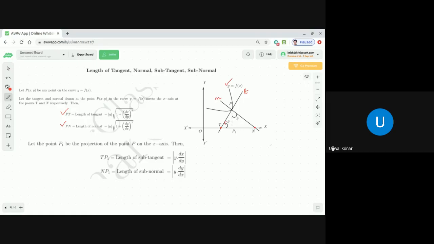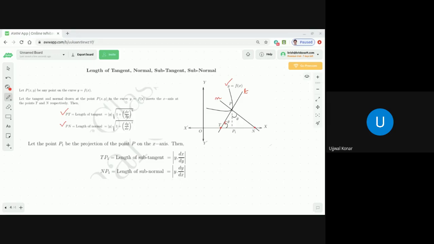Clear, dear students? Now, what we are going to discuss is the angle of intersection of two curves, and that will be the last topic for today, and that will make a logical conclusion. So what is meant by the angle of intersection of two curves?